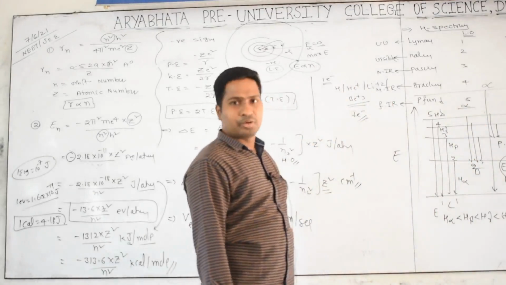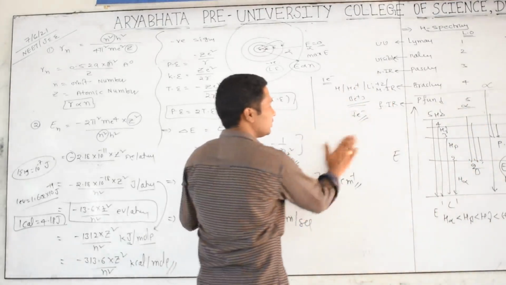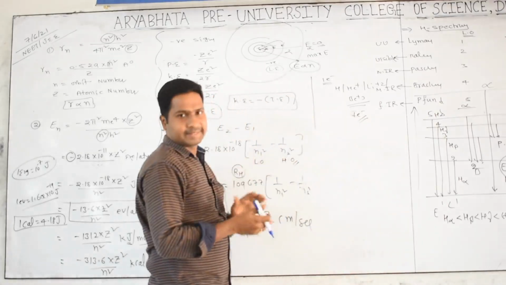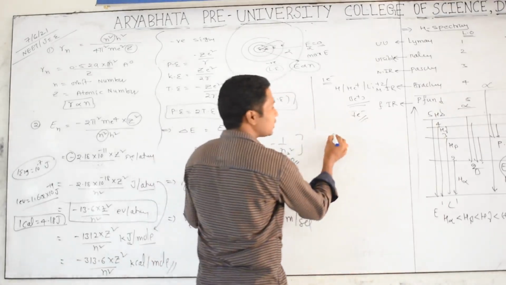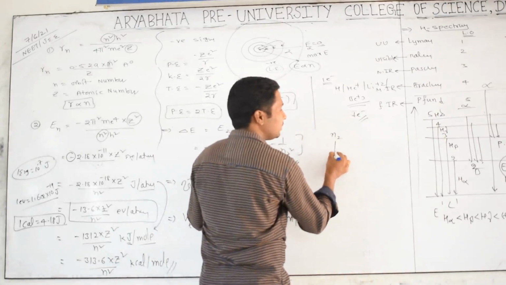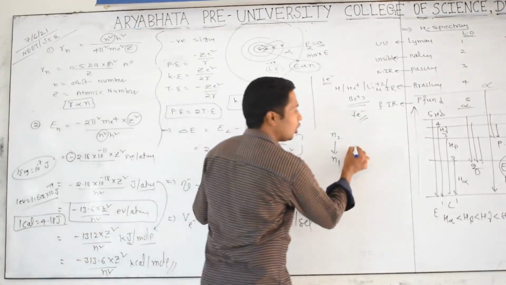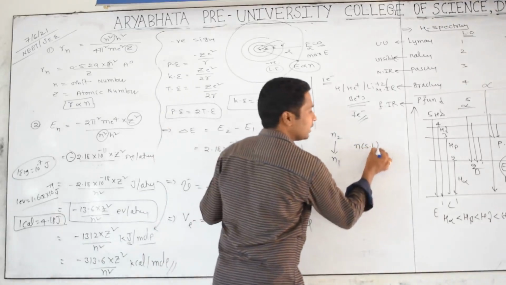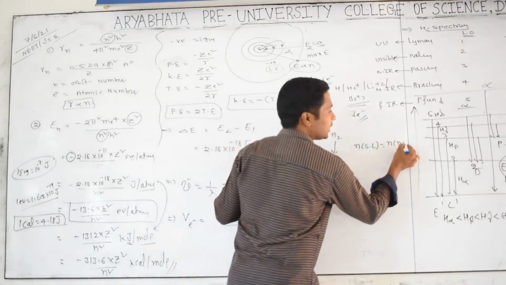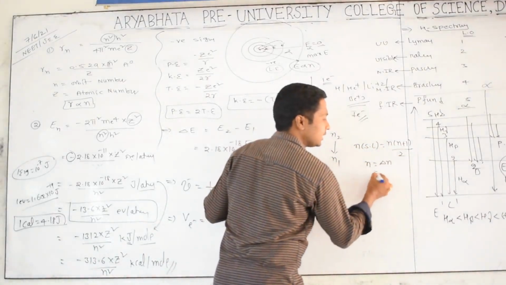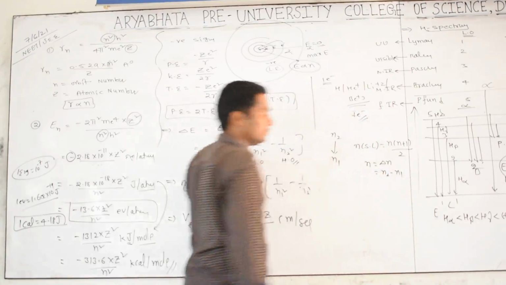These are very, very important things. Here some important bits will be there. What are those? The number of spectral lines in any series. Suppose the electron jumps from the n2 level to the n1 level, whatever it is, not a matter. Then how many spectral lines are we getting? The formula is n into n plus 1 by 2. Here n is equal to delta n, nothing but n2 minus n1.